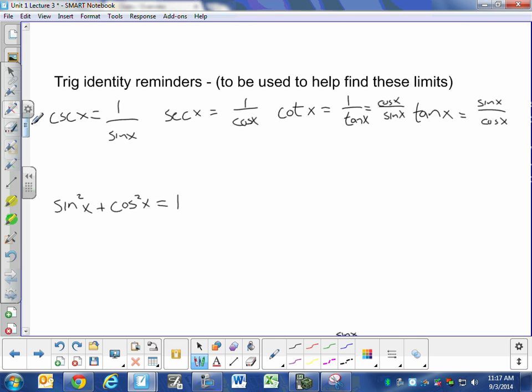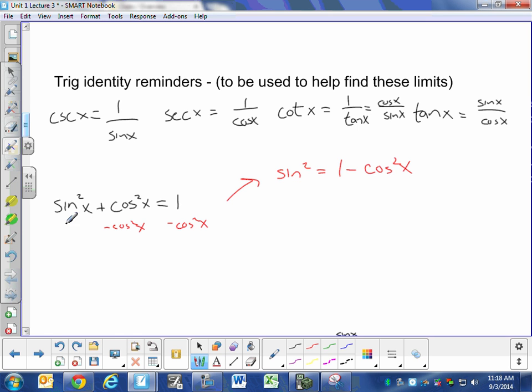So if I wanted to, I could subtract cosine squared, or I could subtract sine squared to make a new identity like sine squared is equal to 1 minus cosine squared. And you could do the same thing by subtracting sine squared. Okay, so that's the first guy.